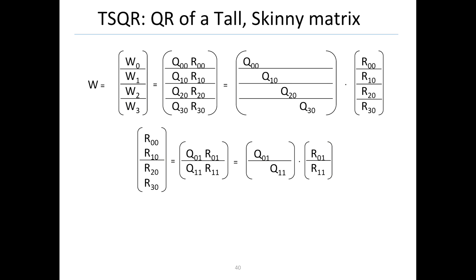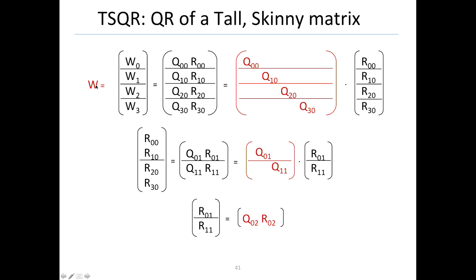And again, I notice that I've taken these 4 triangles and factored them into this block diagonal orthogonal matrix times half as many triangles as I had before. One more step, I take the last 2 triangles, do QR, and now I have 1 R, and that is the R of the QR decomposition. And the orthogonal matrices here are the Q, but they're represented in this implicit way.